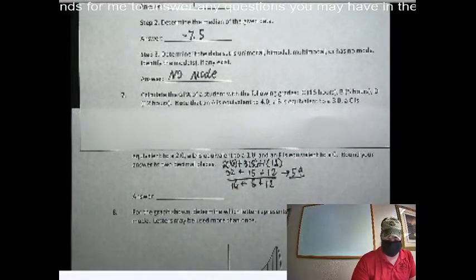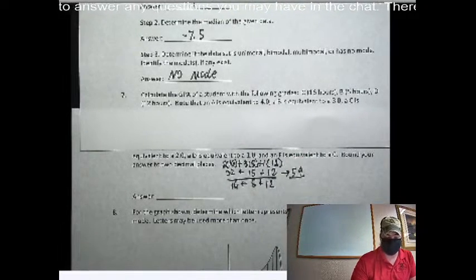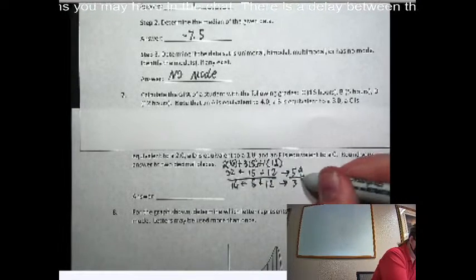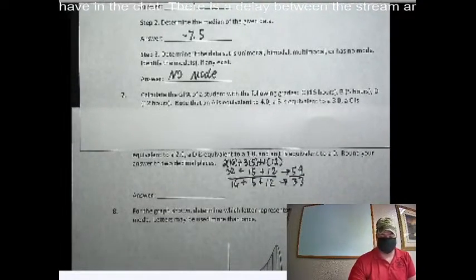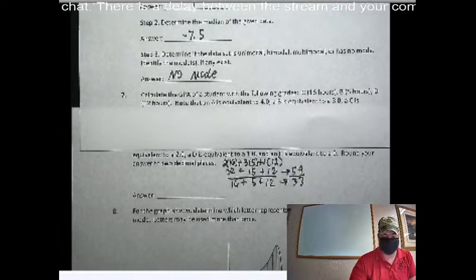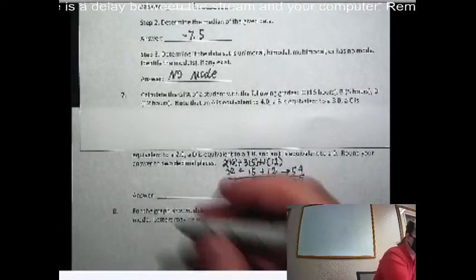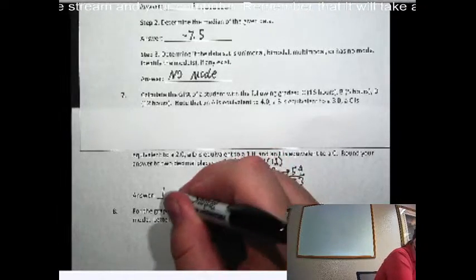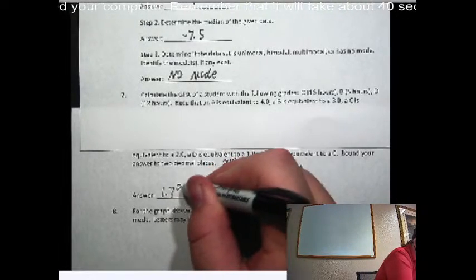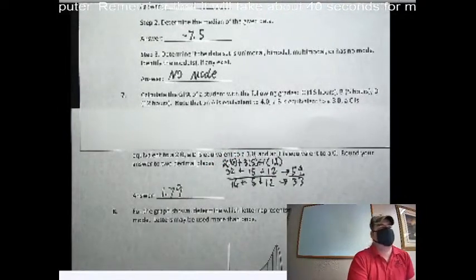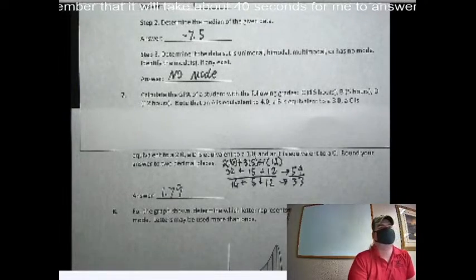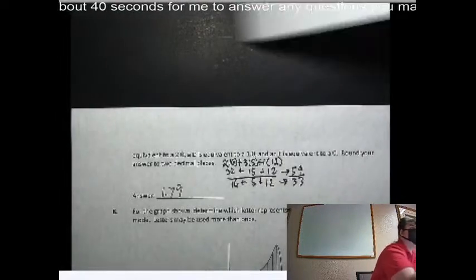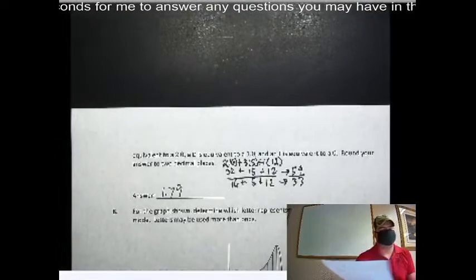So 16 plus 5 plus 12 is 33. So 59 divided by 33 is 1.79 if we round it. And there's our answer. Any questions? All right.